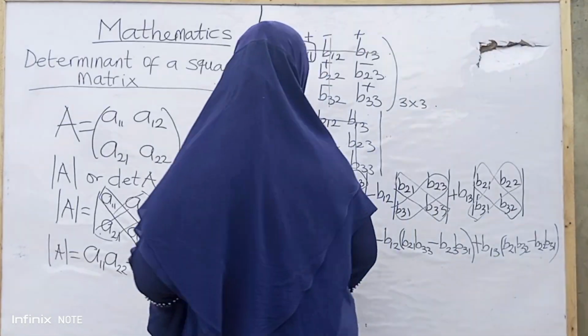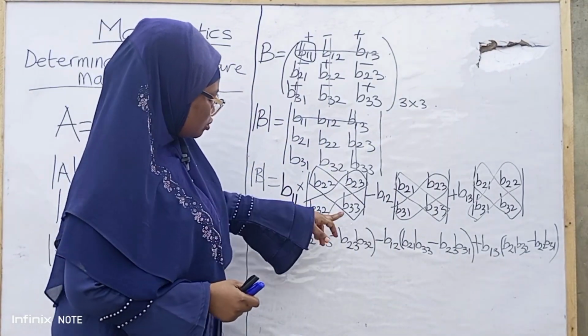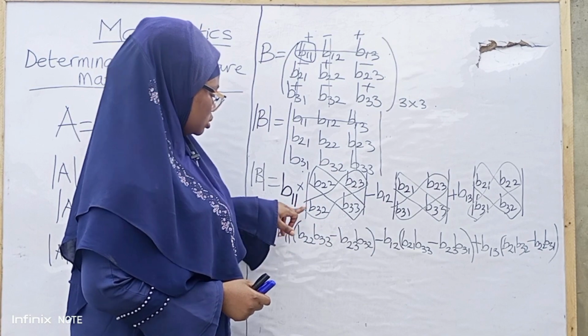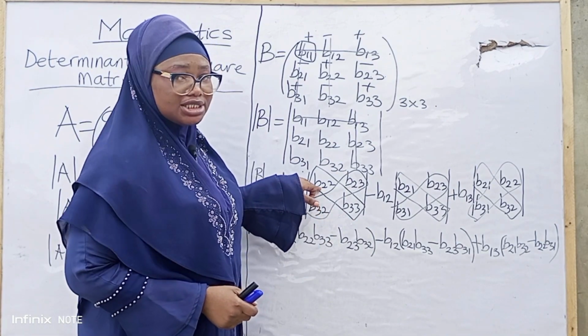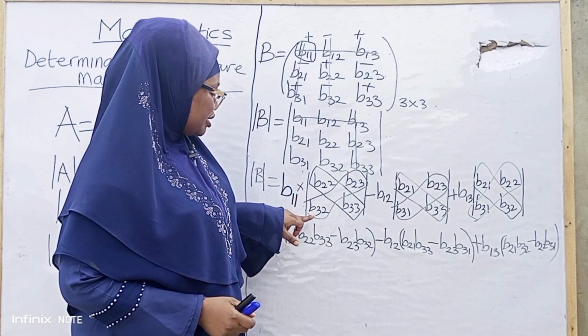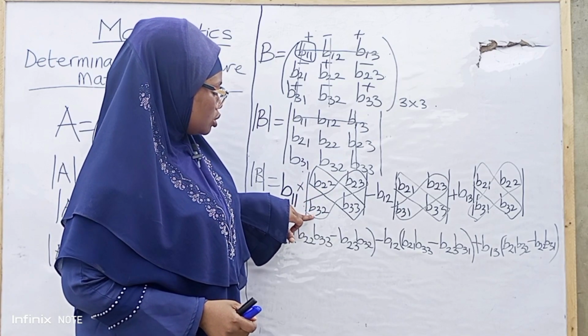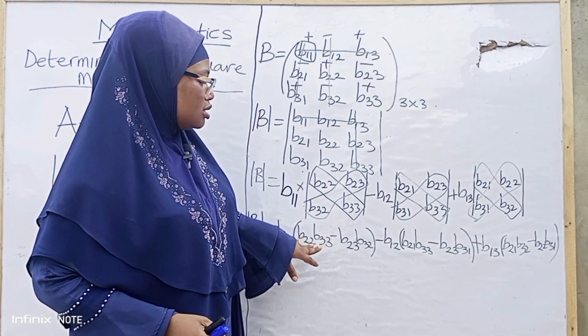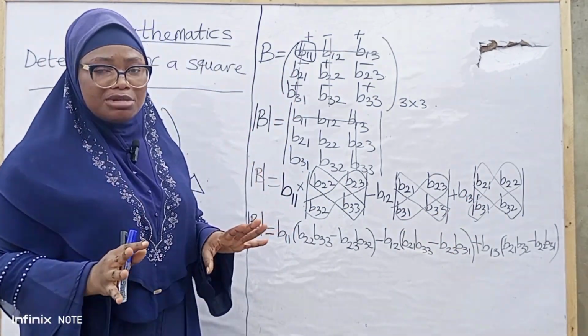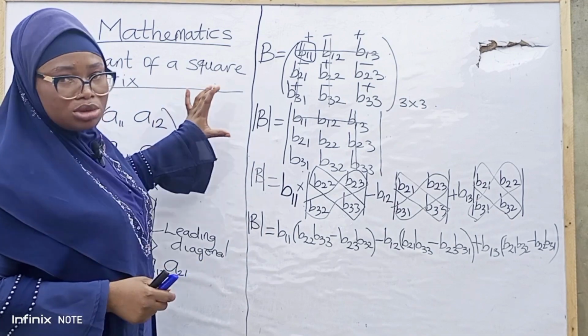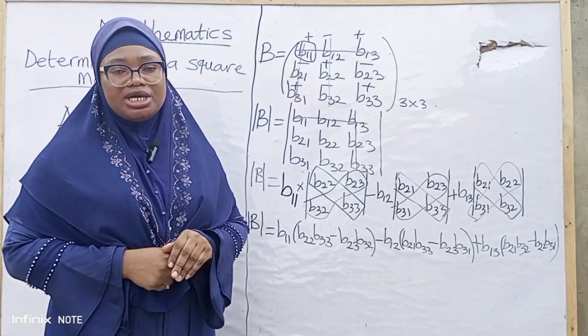After doing that, you multiply B11 by the multiplication of the elements in the leading diagonal minus the multiplication of the elements in the second diagonal, and you do the same for the rest. So that is how to find the determinant of 2 by 2 and 3 by 3 matrices.